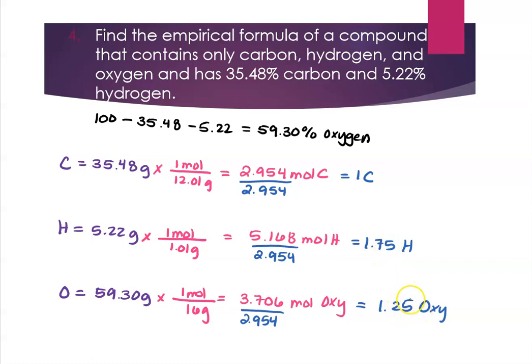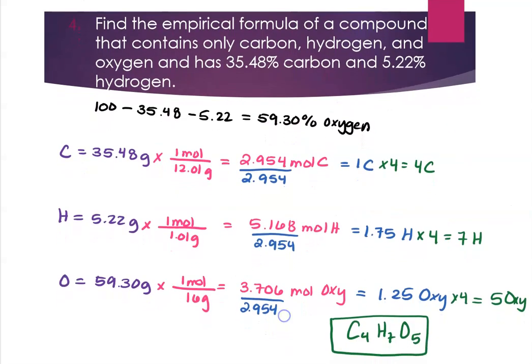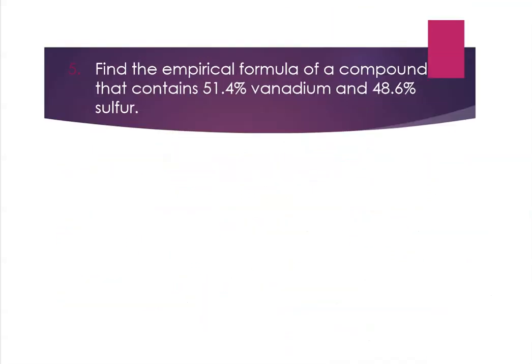So since they're both over 4, I can just multiply everything by 4. So I get 4 carbons. 1.75 times 4 is going to be 7 hydrogens, and 1.25 times 4 is going to be 5 oxygens. So my formula here will be C4H7O5. Okay?